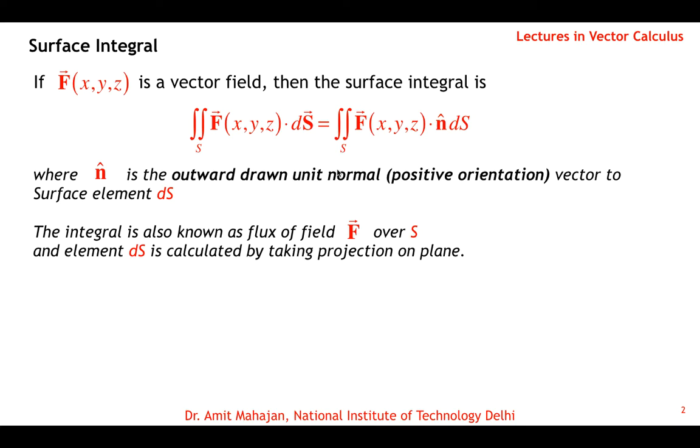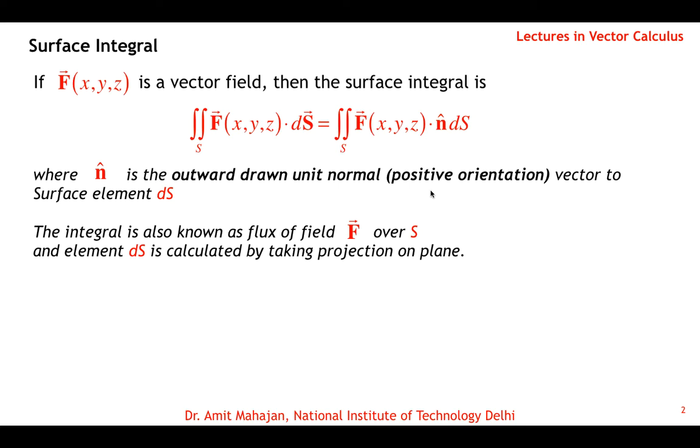So here the unit normal is treated to be the outward drawn unit normal, and that is when we call it positively oriented. If we make a set of all such normals, it will be one set, and all the normals on the other side form another set, so there will be two sets. We say positively oriented if we choose the set of unit normals that point outward, and negatively oriented if we choose the set which is inward.